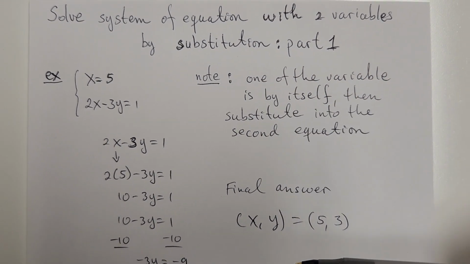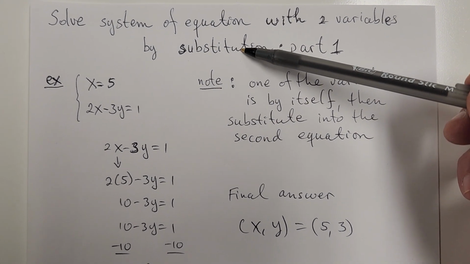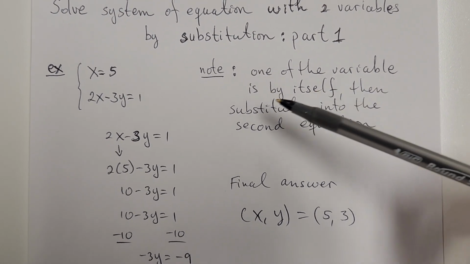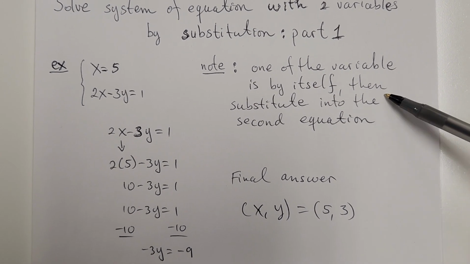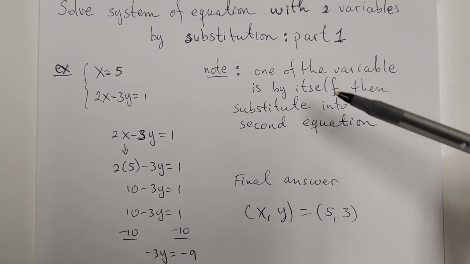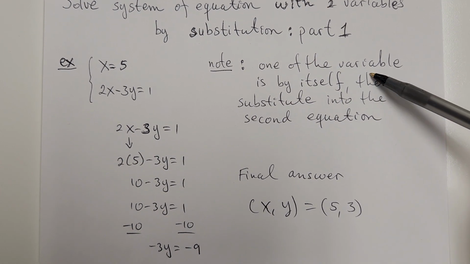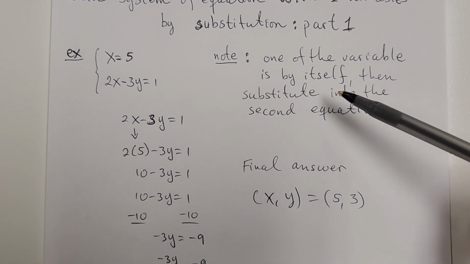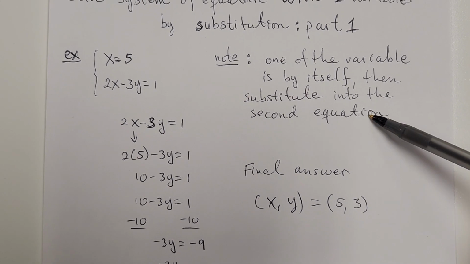However, the rule of substitution, this is the rule: if one of the variables is by itself, then substitute into the second equation. One more time, if one of the variables is by itself, then substitute into the second equation.